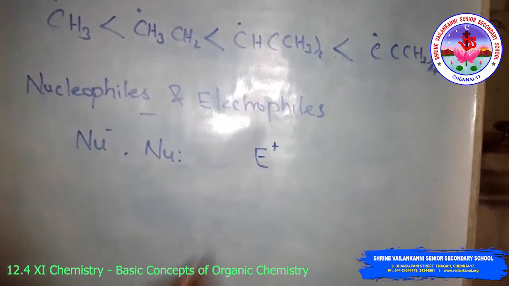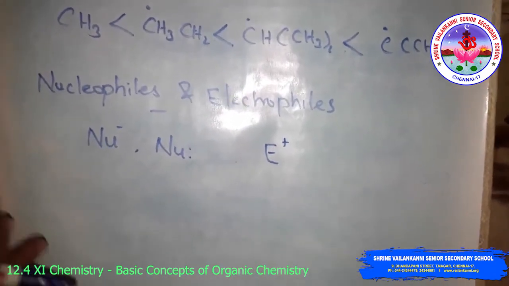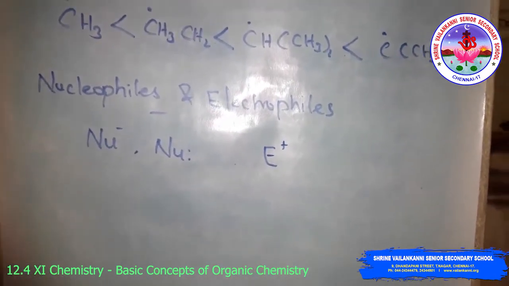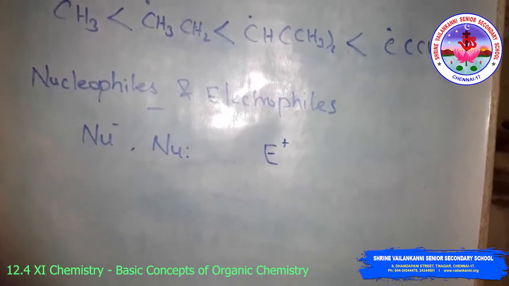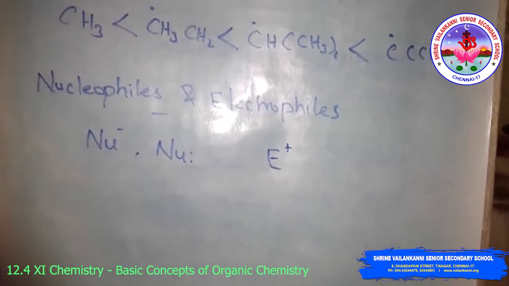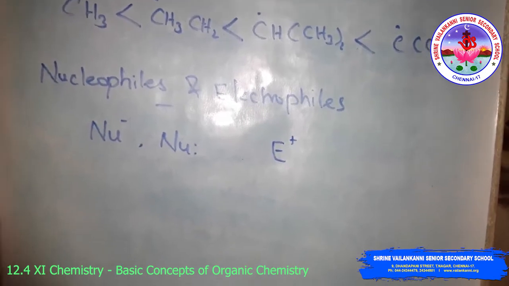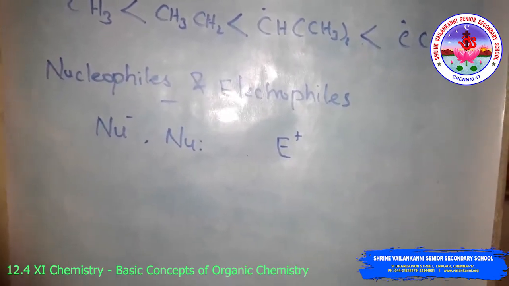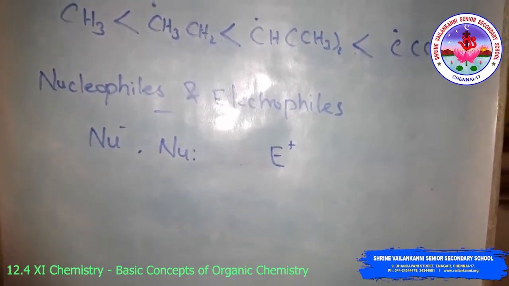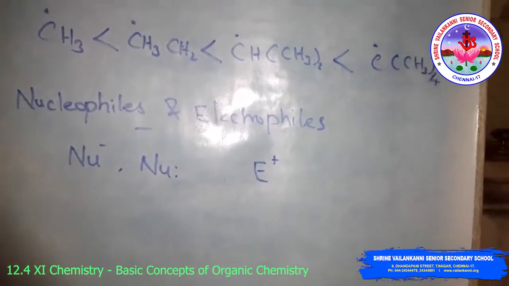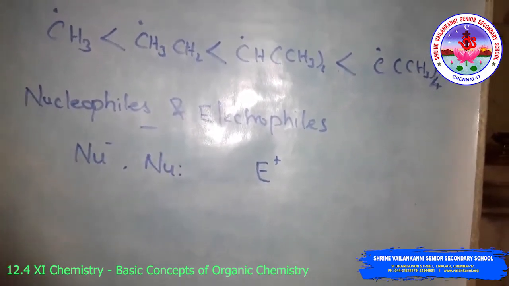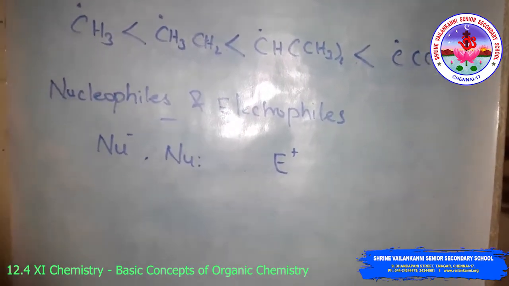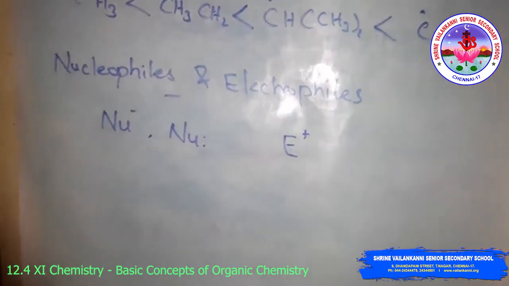This indicates an electrophile. So during a polar organic reaction, the nucleophiles attack the electrophilic center of the substrate, which is the specific atom or part that is electron deficient. Similarly, electrophiles attack the nucleophilic center, which is the electron rich center of the substrate.